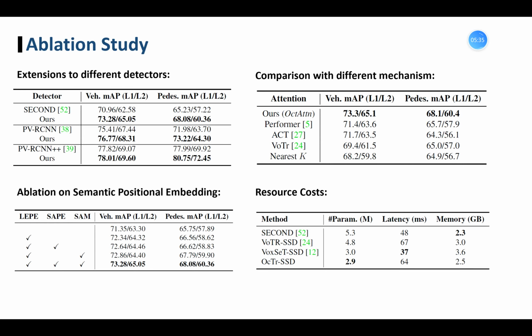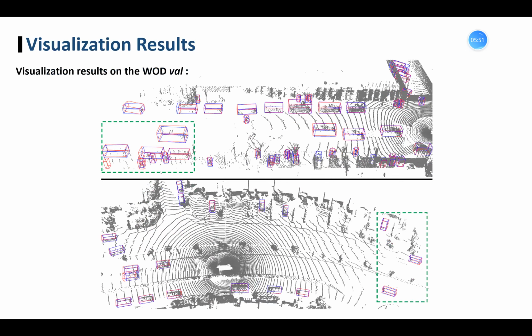We also compare our Octree attention mechanism in an apple-to-apple manner and analyze the effects of different components of semantic positional embedding, showing its effectiveness. In addition, we add more results of resource costs to clarify our efficiency. As shown in this picture, our approach precisely predicts both locations and orientations of 3D objects in the distance, showing our advantage in capturing long-range ability.